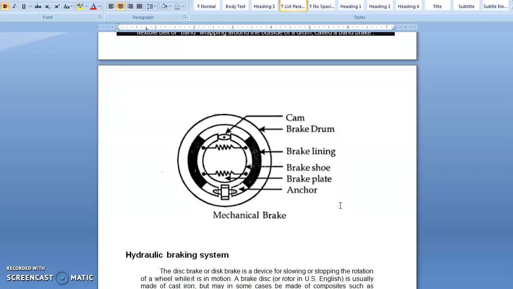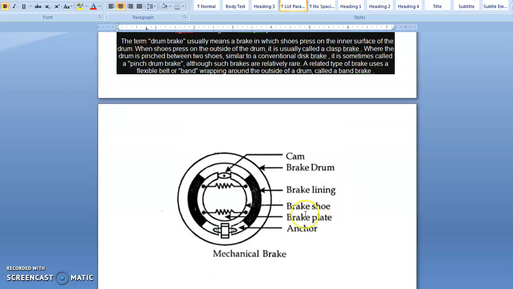Here you can see the mechanical brake as per the diagram. This one is your drum. The rotating device is called the drum. As per the construction of this brake, we have a cam over here and two brake shoes. On top of the brake shoes, we use brake linings, either pasted or riveted.